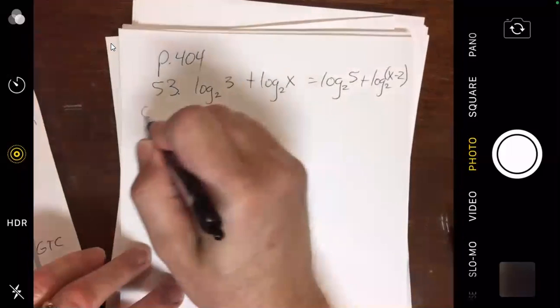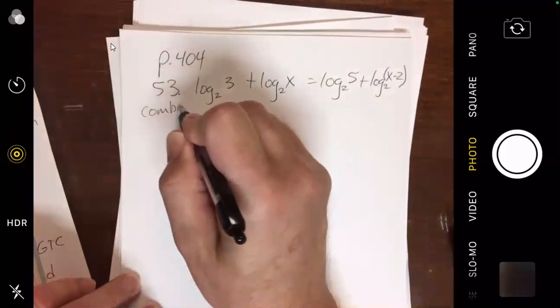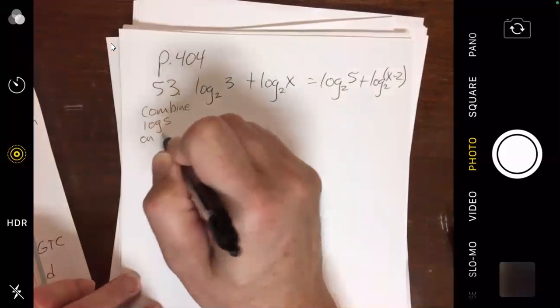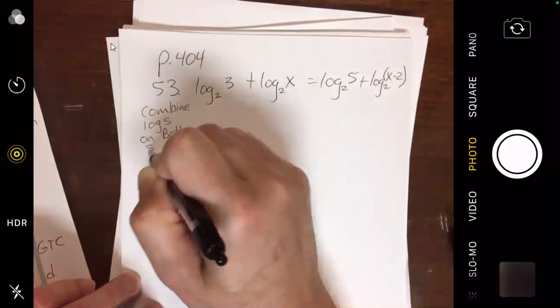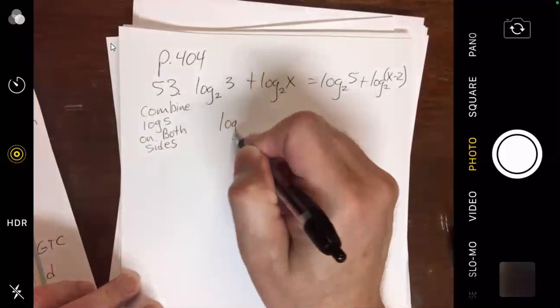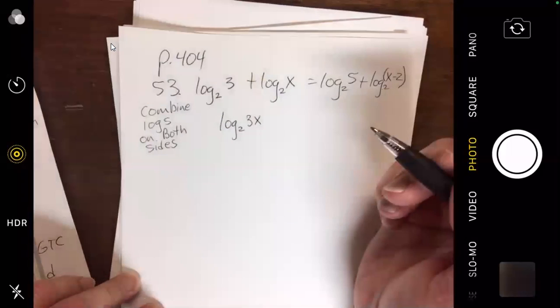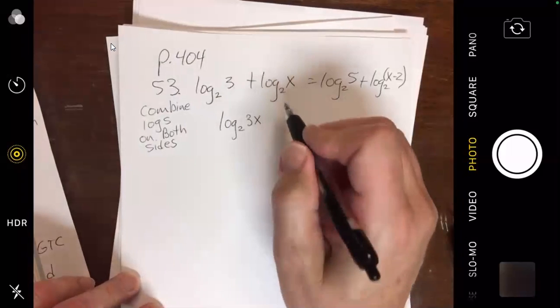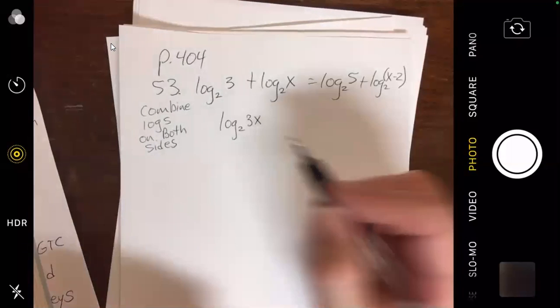So what we can do is combine both sides, combine logs on both sides. So you can write that as a log base 2 of 3x. You would expand back out as log 2 of the first, add log base 2 of the second, because they're all positives, so they're on the same level.